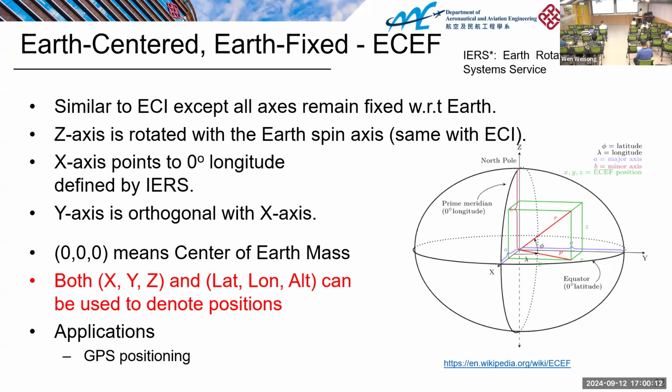So if we talk about the XYZ, usually it's a big number. For example, if I am in Hong Kong, the typical values in the ECF coordinate system are big, maybe like 7 million something.